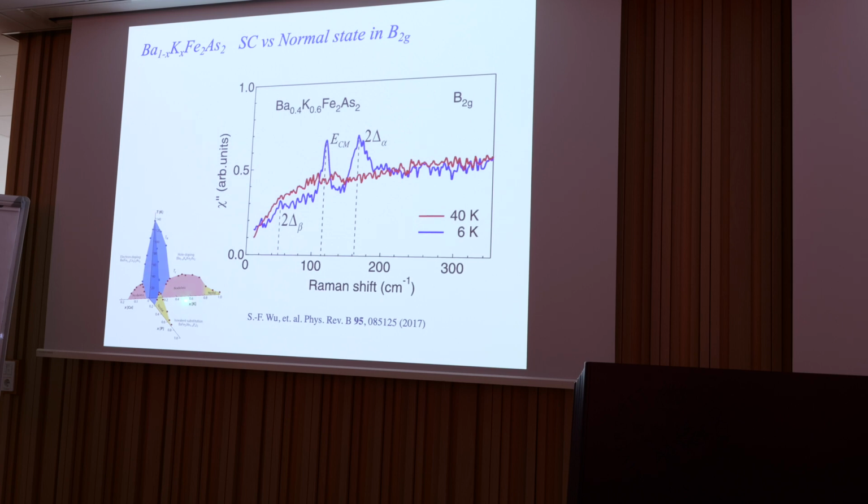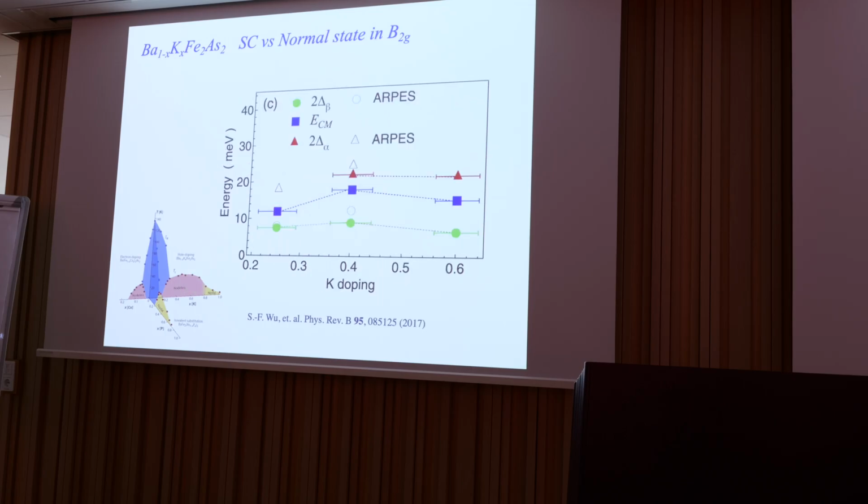Let's go to this material, which is on Taka's diagram going this way. So this sample is 0.6, it's here. And this is the collective mode, this is the gap, this is the collective mode, this is the gap on the other pocket. And it's very clearly seen here.